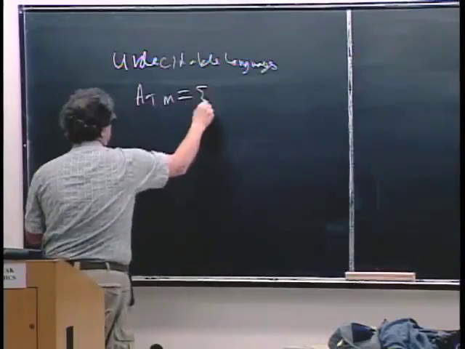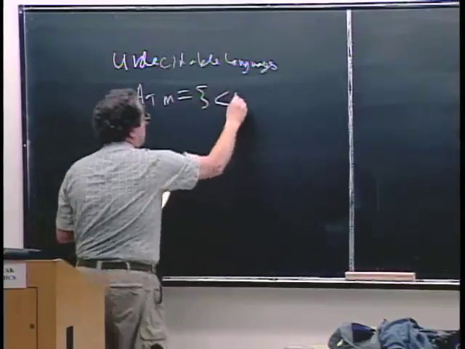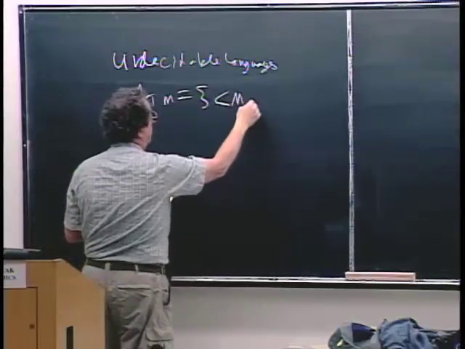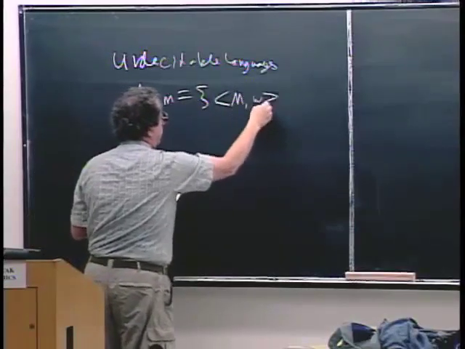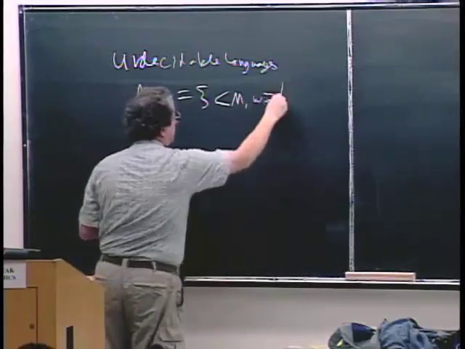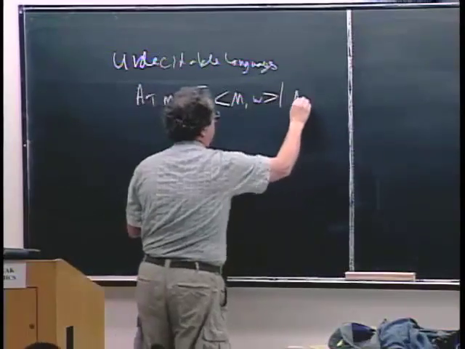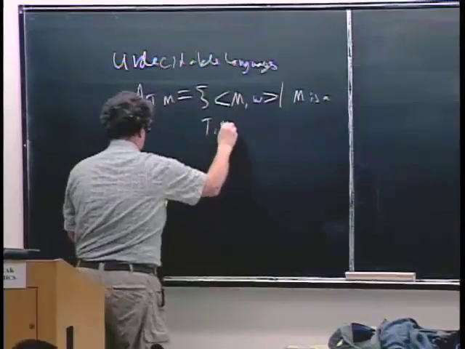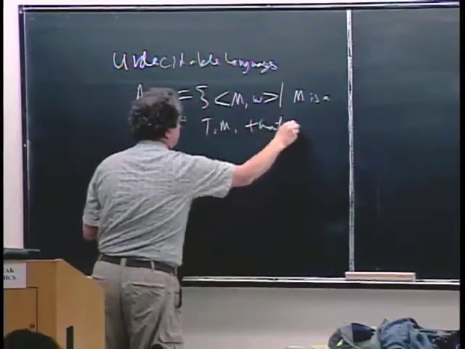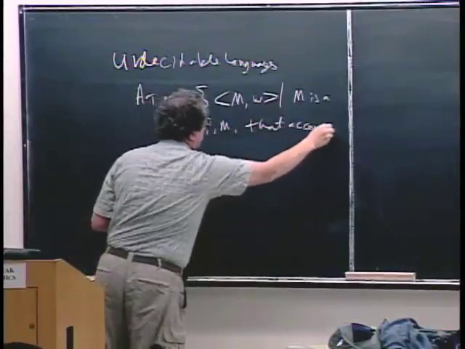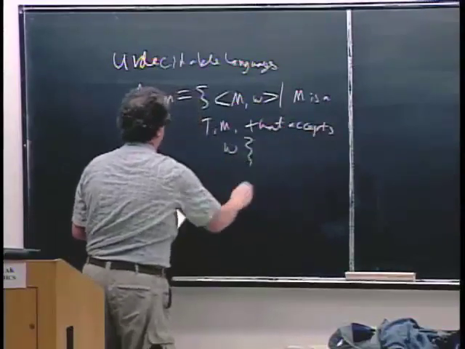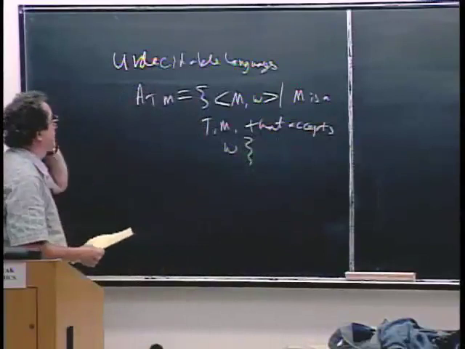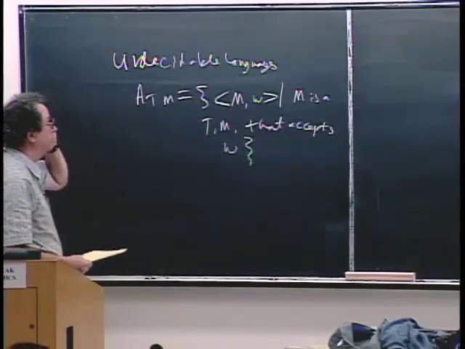ATM is the set of inputs where the first part is a description of a Turing machine, and the second part is some specific input, such that M is a Turing machine that accepts input W. Okay, so this is a language.